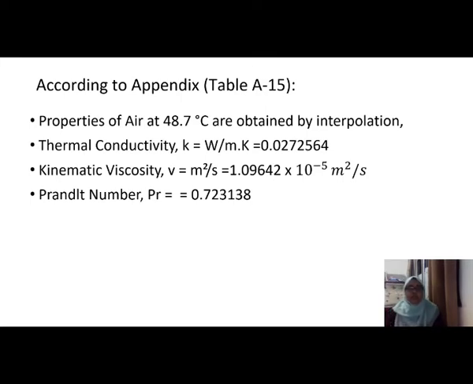Since the value for the film temperature is 48.7, which is not in the properties of air in table A15, after the interpolation we got the value for thermal conductivity 0.027256, for the kinematic viscosity 1.0964 times 10^-5, and for the Prandtl number 0.723138.